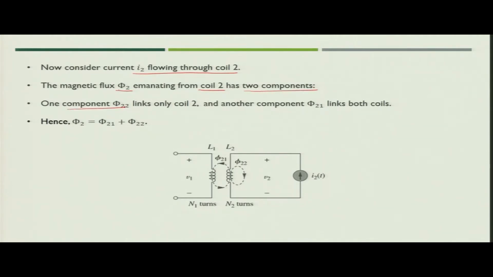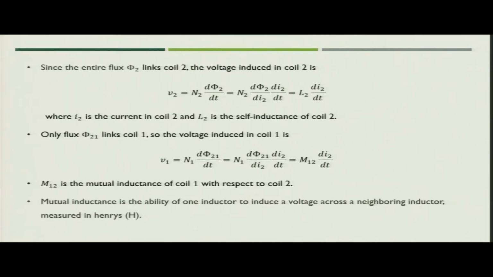One component, phi 22, links only the second coil, while phi 21 links both coils. So, phi 2 is nothing but phi 21 plus phi 22. Again, as in the case of coil 1, phi 2 links completely to coil 2.